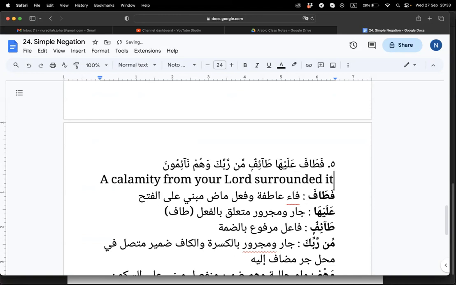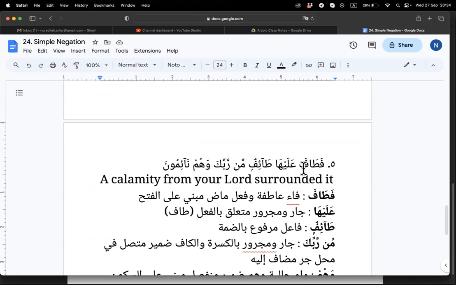Sometimes you don't have to translate everything; it depends on the English word you use. We don't really say "surrounded upon it" in English, but we know in Arabic we need the ala.